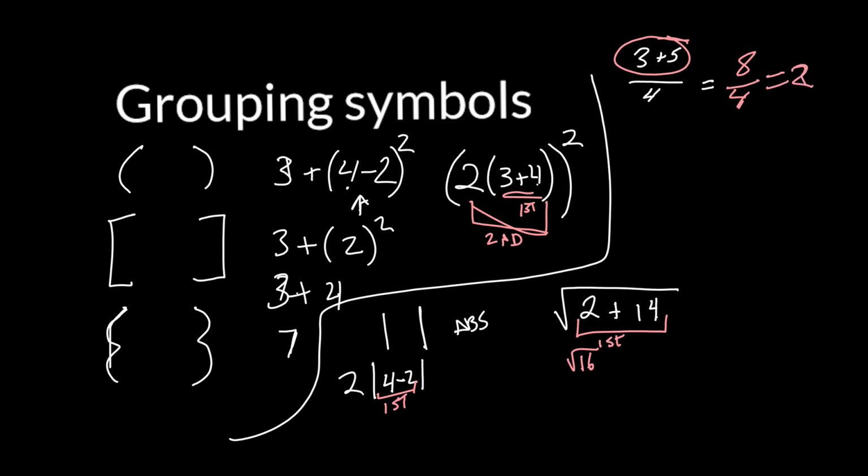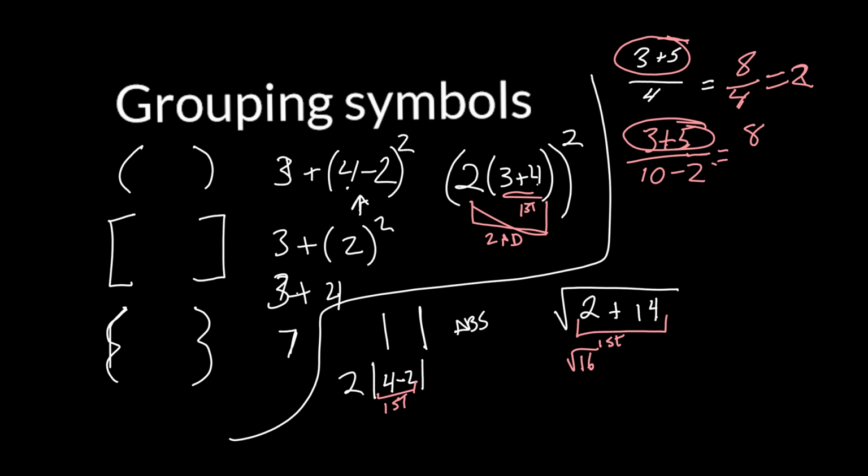Now, it won't always just be in the numerator that it happens. You might have 3 plus 5 over 10 minus 2. Now you have grouping symbols in both the top and the bottom, so you'd have to simplify the numerator. We're going to simplify this to be 8.